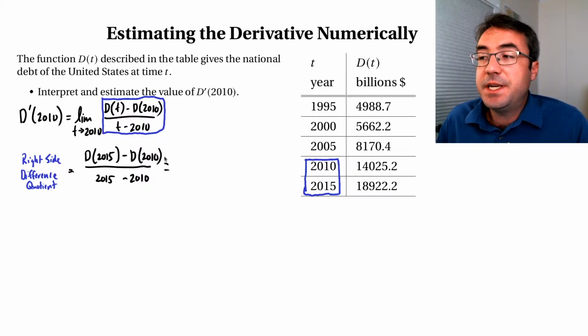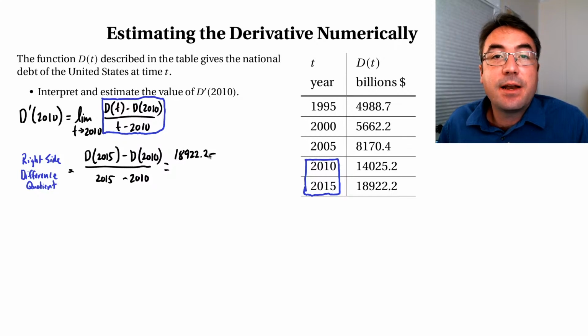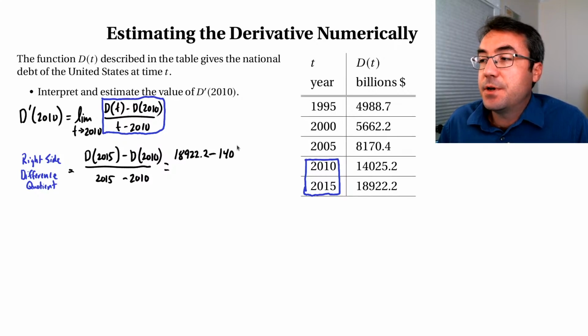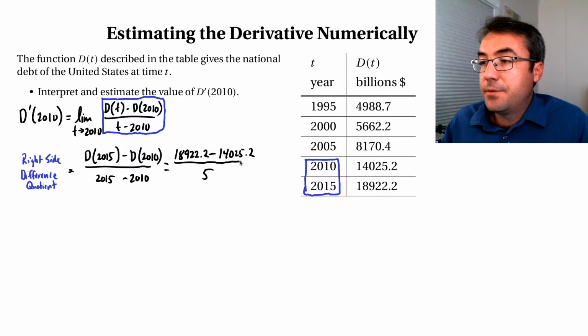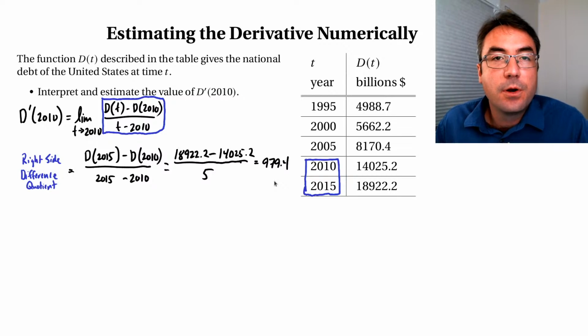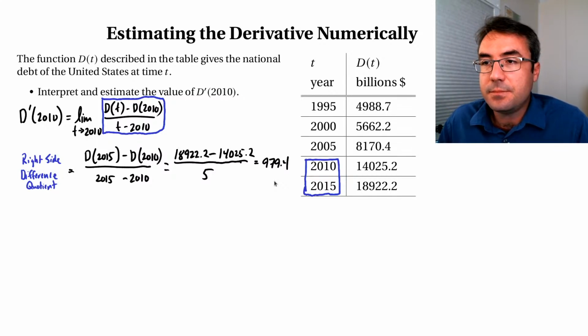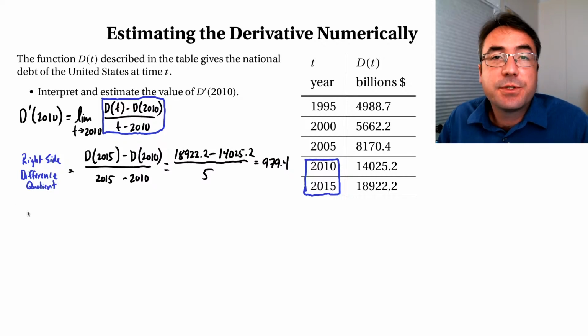When we look up 2015, the function value is 18,922.2. We look up 2010 on our table, and the function value is 14,025.2. Then we get 5 in the denominator, and if we do the arithmetic here, we get 979.4. We'll see what that value represents in just a second, but right now we're just trying to estimate the derivative using difference quotients. So that was the right side.